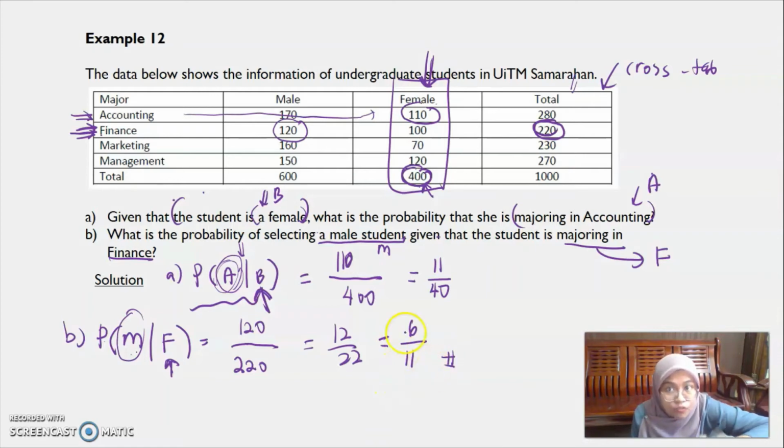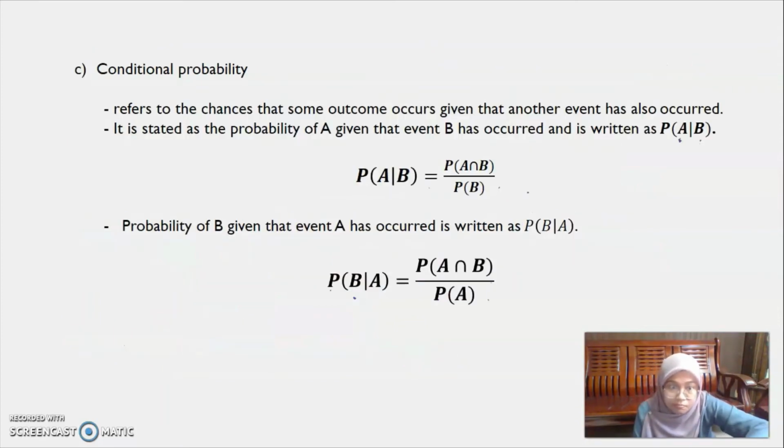So from this question, by using the cross tabulation, you can just figure out the answer to the conditional probability. Actually, you can also use the formula.